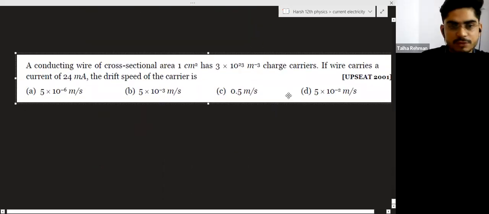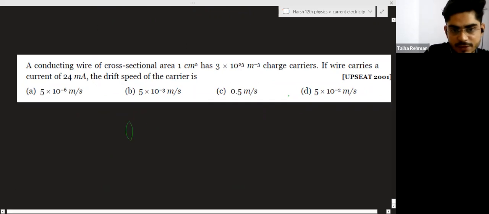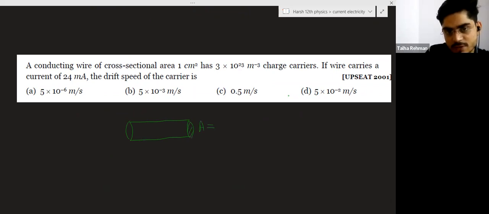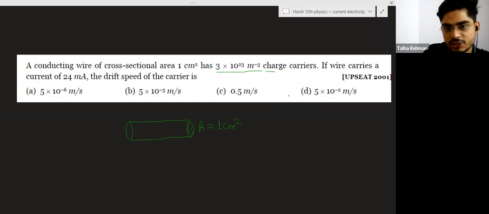So the next question is, they are saying a conducting wire of cross section area, we have a conducting wire, and they are saying the cross section area is given as 1 centimeter square and has this many charge carriers.